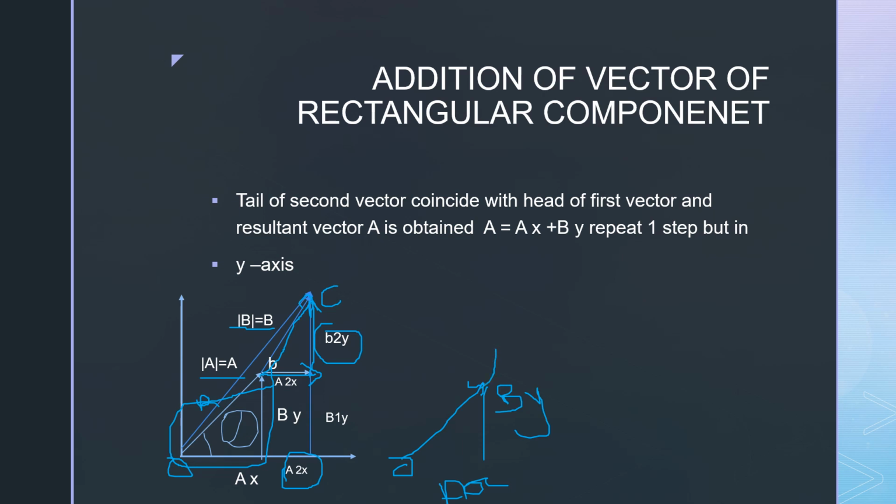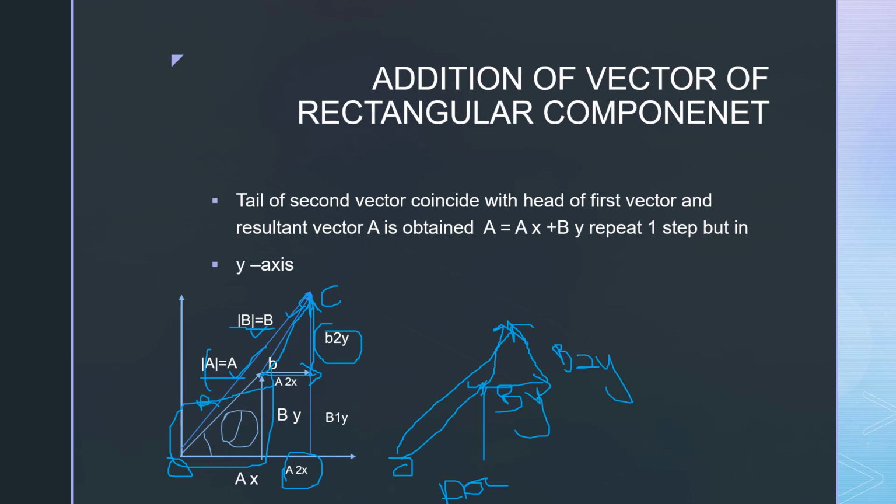Draw another vector from the terminal point, and take the resultant vector. The magnitude of this vector is A, and the magnitude of B is B. Then resolve another vector by drawing a line from the x-axis, and join the terminal of one to the terminal of the other and name it B2y.